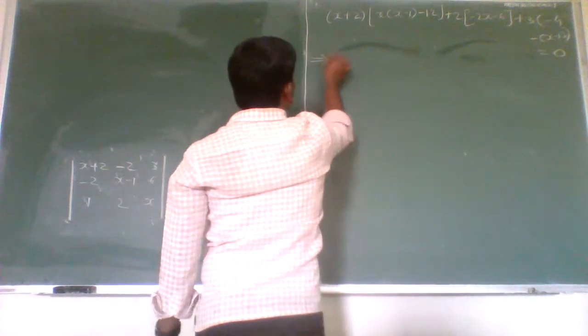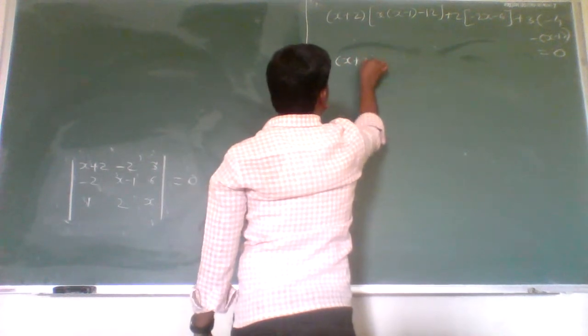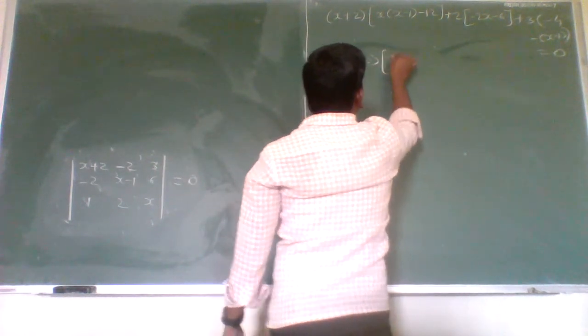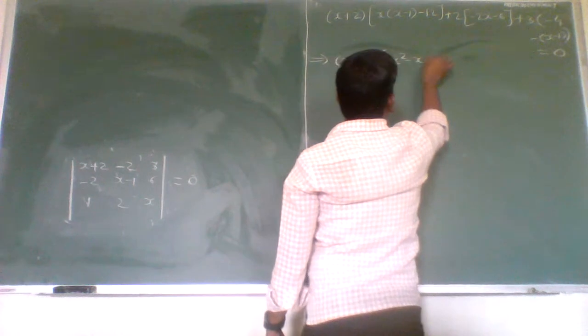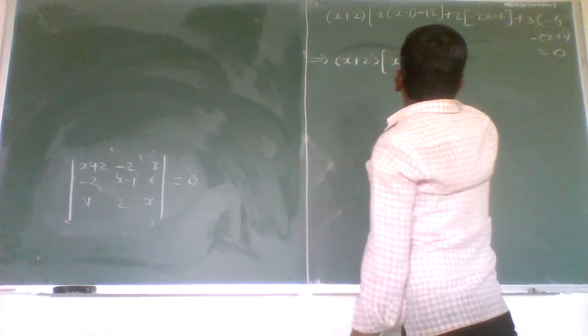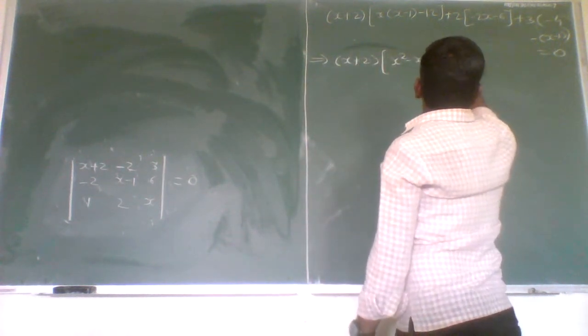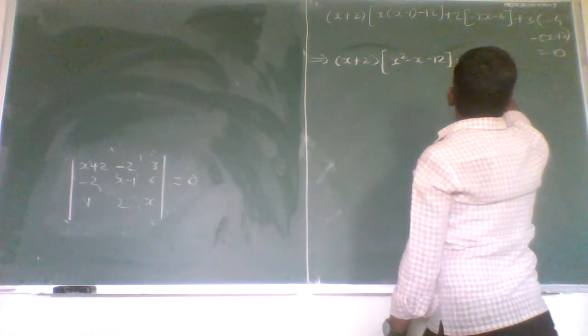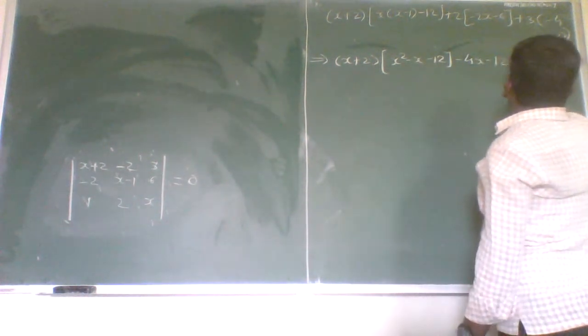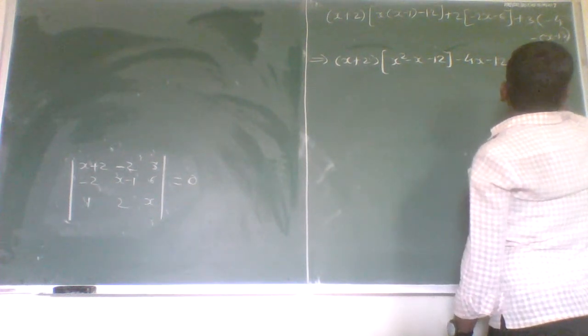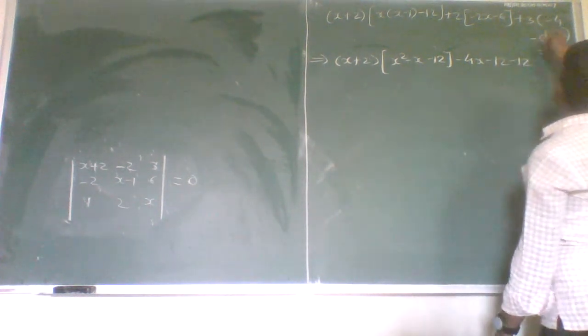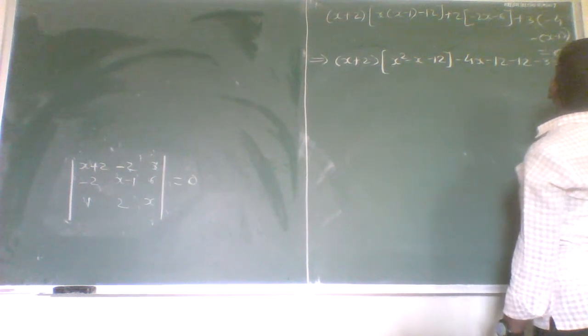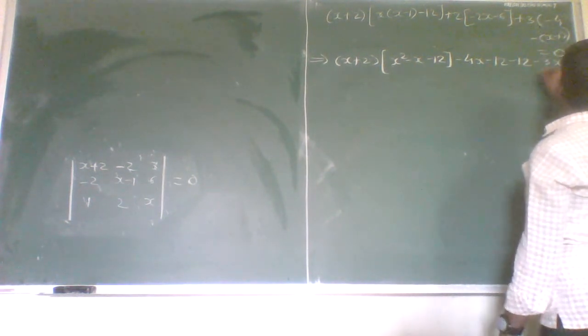Which implies x plus 2 into x square minus x minus 12, minus of 4x minus 12, minus 12, minus of 3x plus 3 is equal to 0.